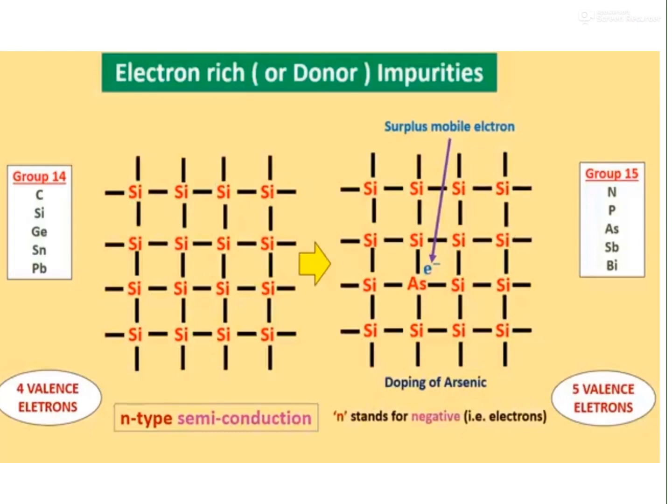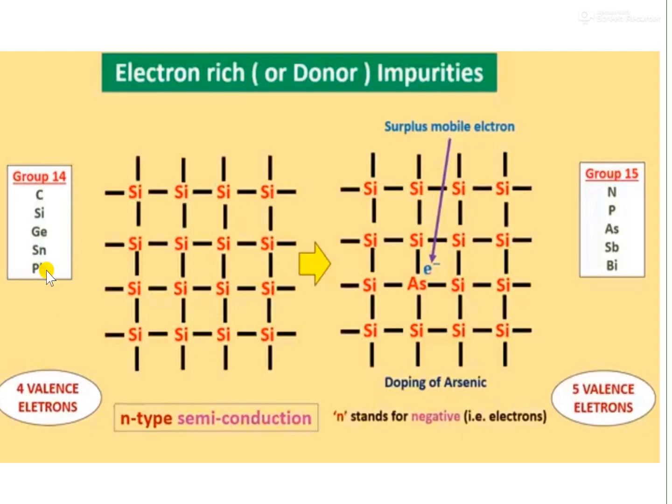First, we will take the example of electron-rich or donor impurities. Here we can see that group 14 elements are semiconductors, and here we take a pure crystal of silicon. These are 4 valence electron elements that have 4 electrons in their valence shell.